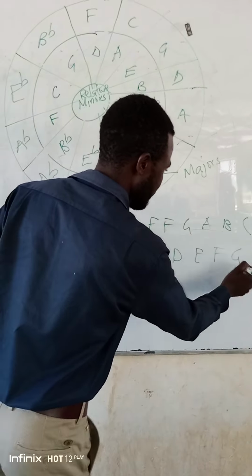Most of us like playing in the key of F sharp. When you are playing F sharp, which is G flat here, this is B flat. E flat is the same as C sharp. F flat is the same as D sharp. B flat is the same as A sharp.